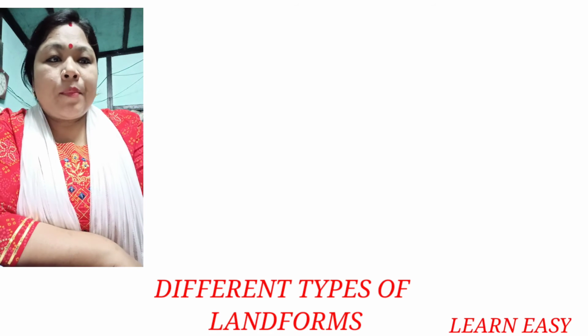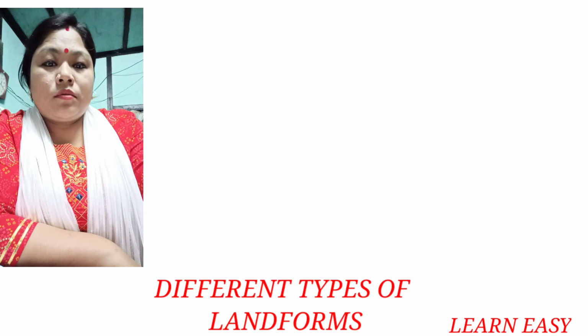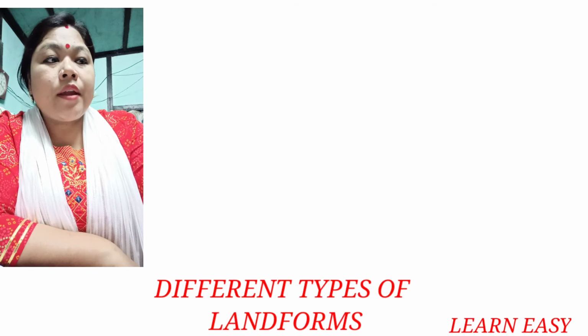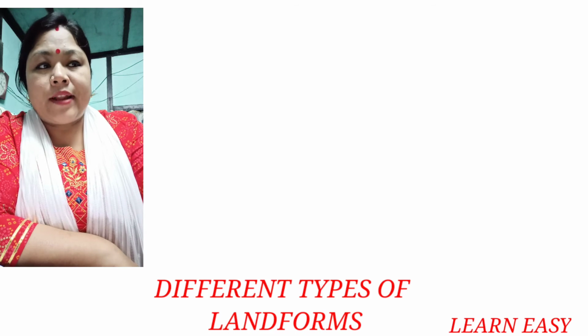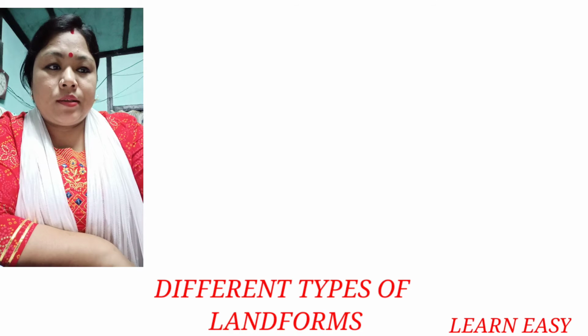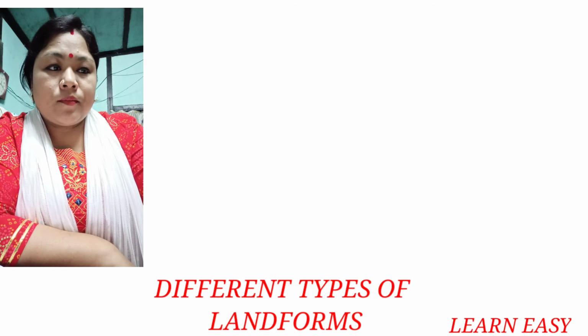now let us talk about plateaus. Plateaus are another type of landform, and these are high raised uplands. Their top is very flat, and they are very steep to the surrounding lowlands. These plateaus are also known as tablelands.